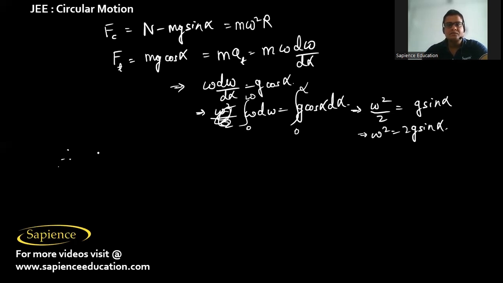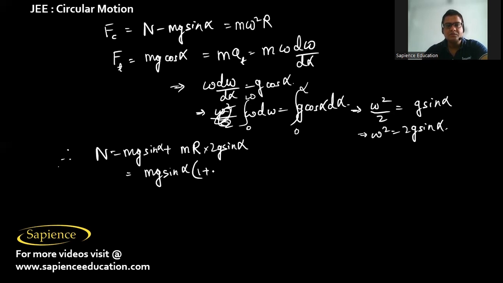Therefore n equals mg sine alpha plus mr into omega square, which is 2g sine alpha. So that will be equal to mg sine alpha into 1 plus 2r. So this is n.